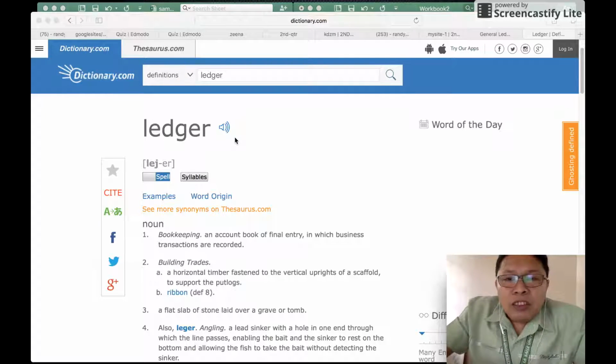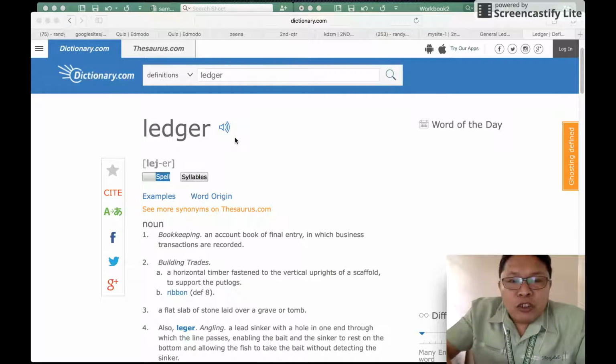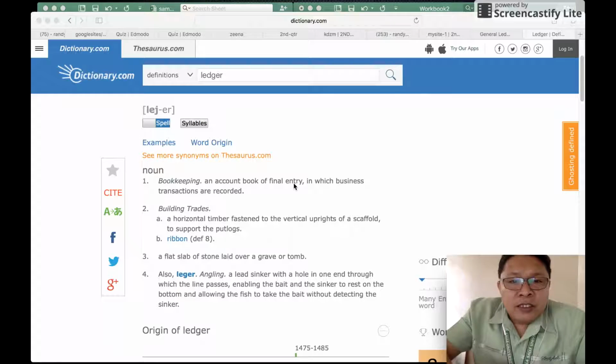Now I will be teaching you how to do it using this Screencastify. So let us first look at the definition of a ledger. From dictionary.com, ledger is defined as a book of final entry. In bookkeeping, we define ledger as a book of final entry in which business transactions are recorded.